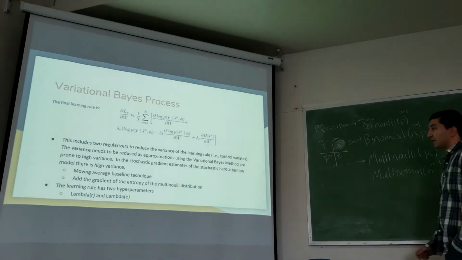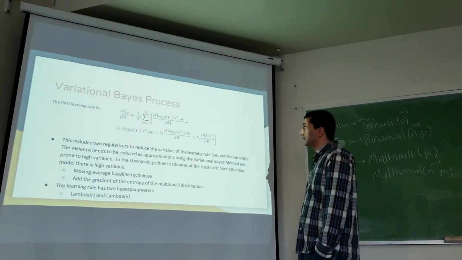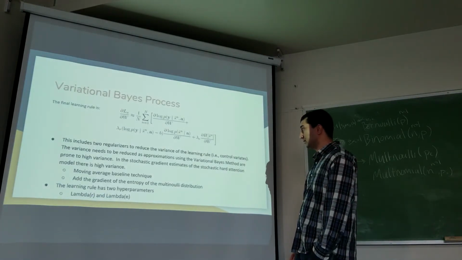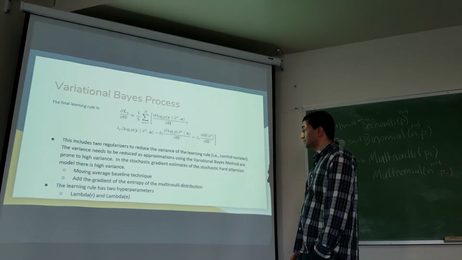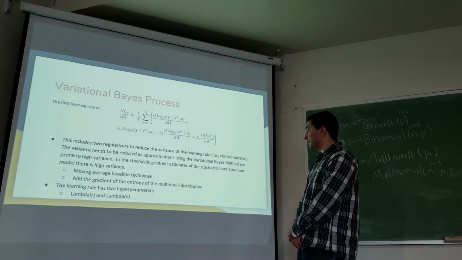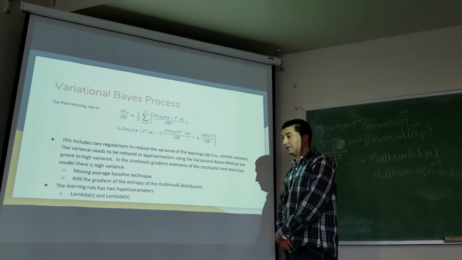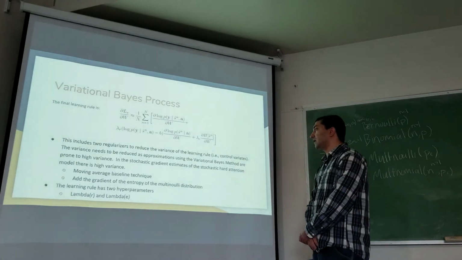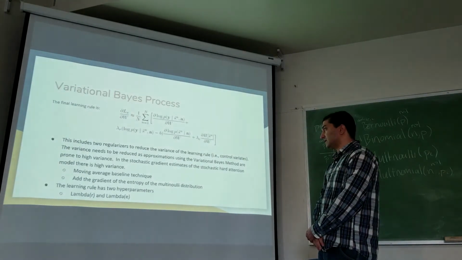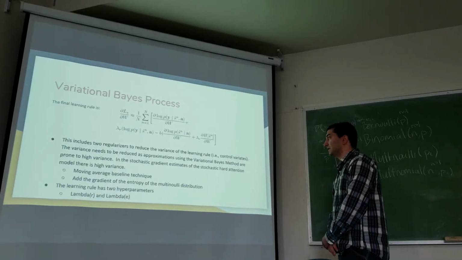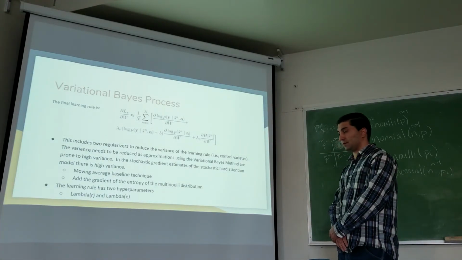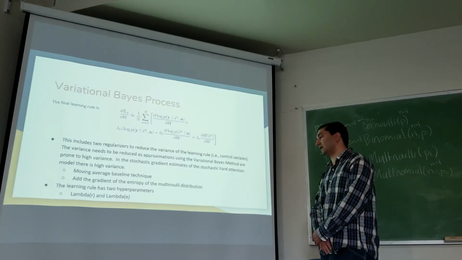So this is our final learning rule, and in it we also have two different regularizers included. We're doing this to reduce the variance of the learning rule, and these are specifically called control variates in the literature. The variance needs to be reduced because when we're doing variational Bayes, this method usually leads to high variance.